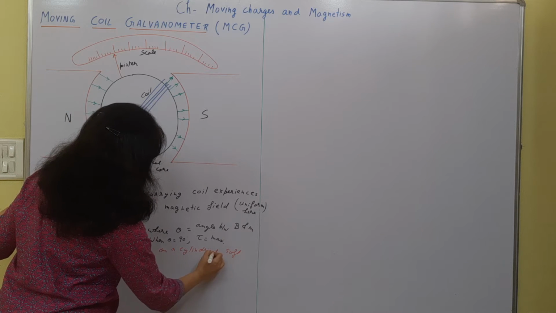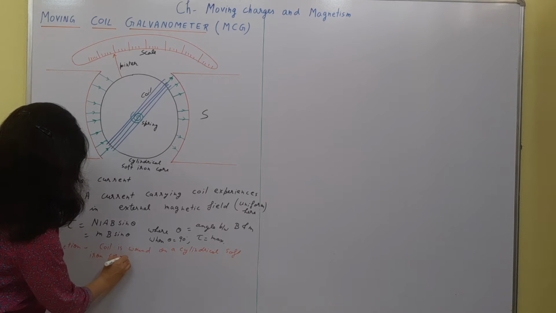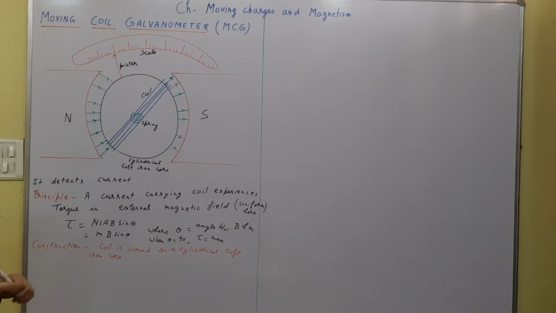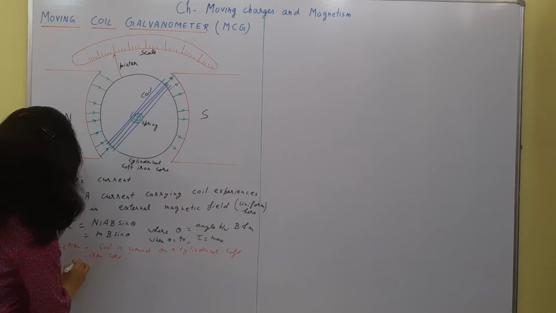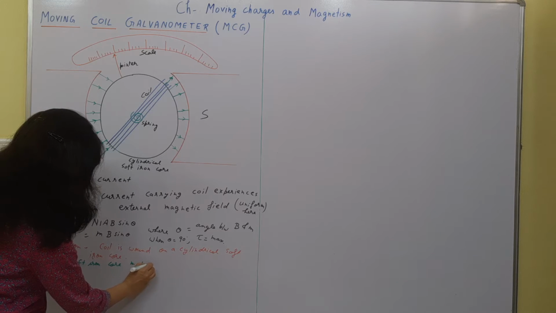cylindrical soft iron core. Now what does it do? Soft iron core has two functions, okay?